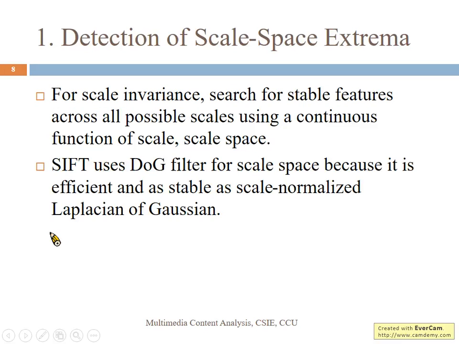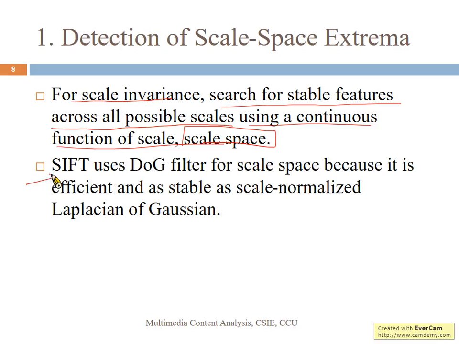So let's go to the first step, detection of scale space extrema. The idea is, because we want our detected local feature to be scale invariant, we try to find some pixel that is unique no matter in which scale. So for scale invariance, we want to search for stable features across all possible scales using a continuous function of scale called scale space.